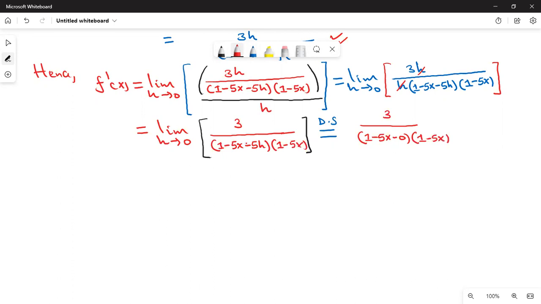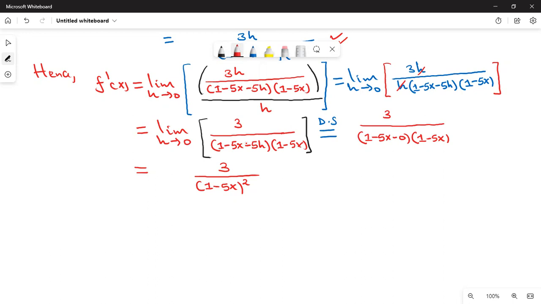A point to take note of is that we are replacing h but not x. So this gives you 3 over (1 minus 5x) squared. So when you differentiate the given function, 3x over 1 minus 5x, you get what we have found: 3 over (1 minus 5x) squared. That is from the first principle of differentiation.